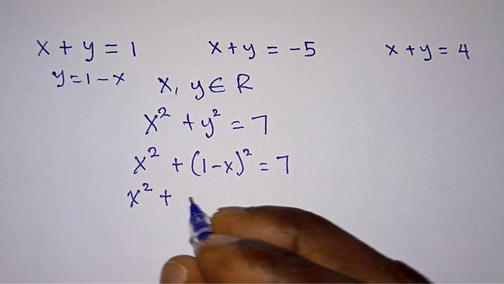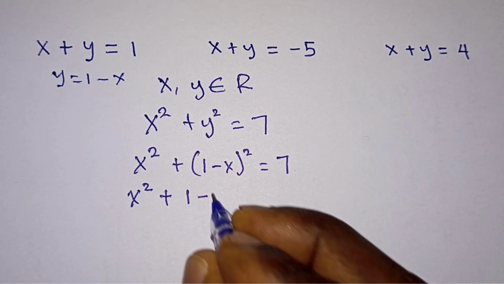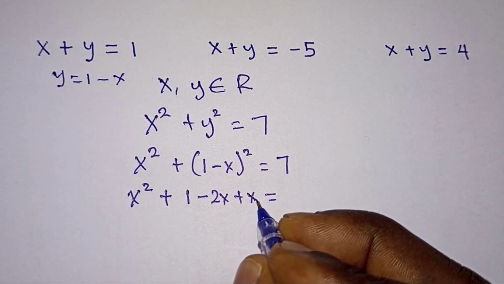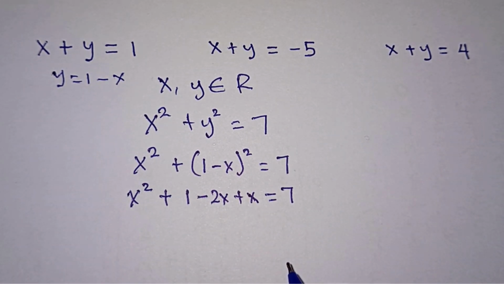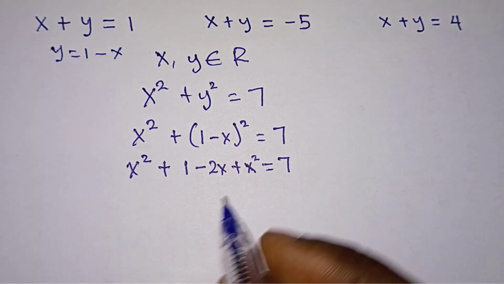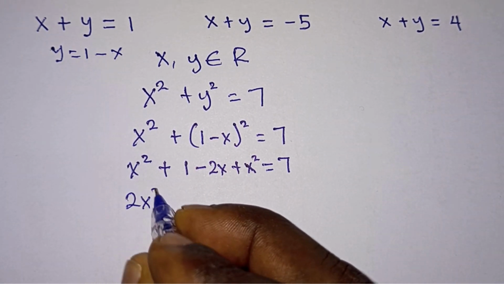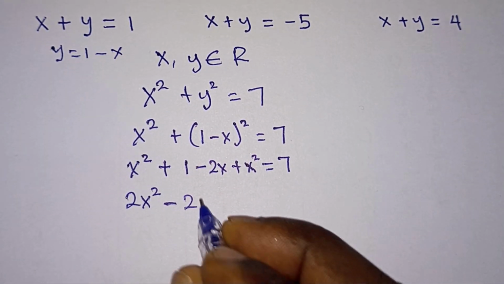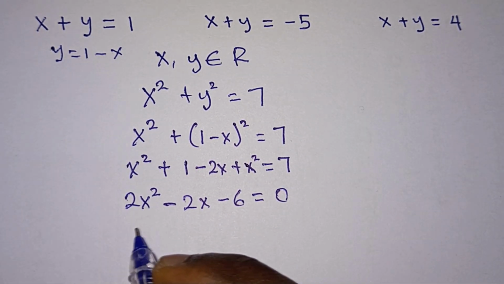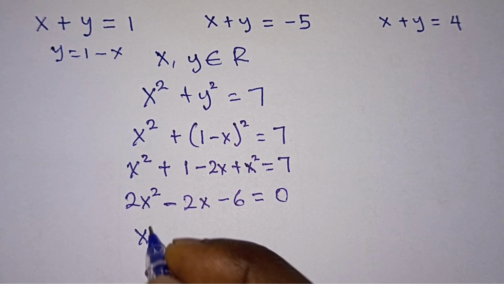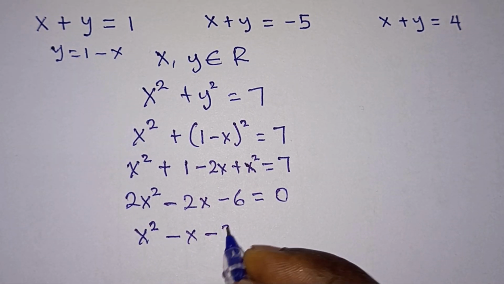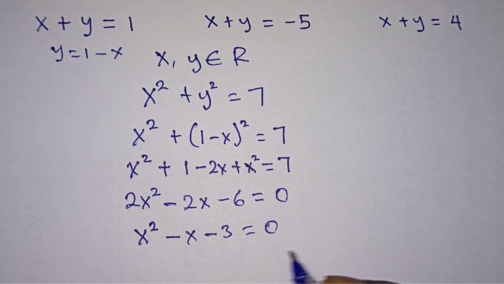From here, if we expand, we're going to have 1 minus 2x plus x squared is equal to 7. Then we will equate everything to 0, so we're going to have 2x squared minus 2x minus 6 is equal to 0. Now if we divide through by 2, we're going to have x to the second power minus x minus 3 is equal to 0.